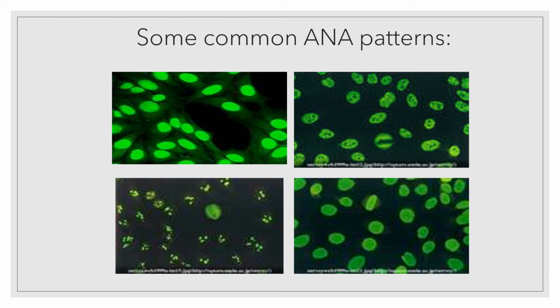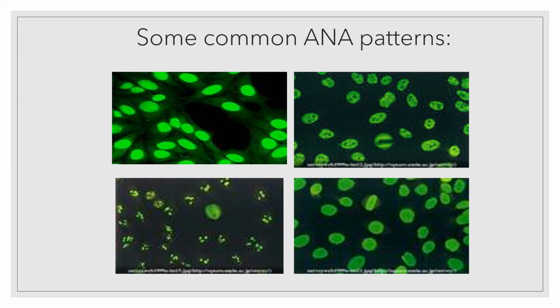On the top right, this is called a speckled pattern. On the bottom left, this is called a nucleolar pattern, and on the bottom right, this is called a peripheral or rim pattern. So depending on the pattern that the human epithelial cell stains, it'll tell you what disease the patient has in terms of autoimmune diseases.